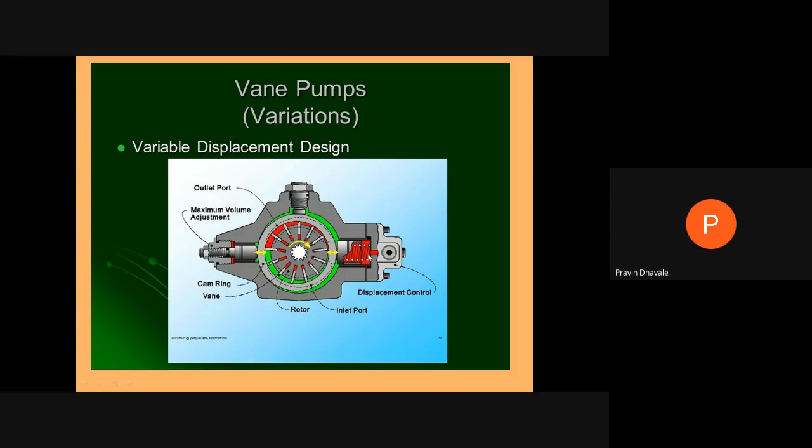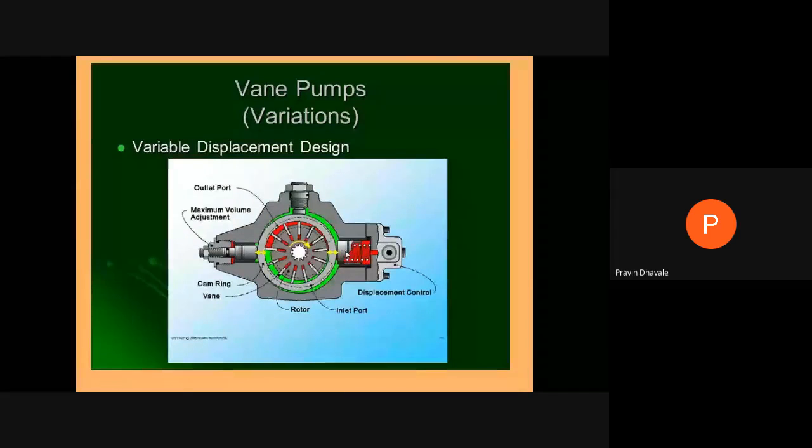There are two screws provided on the right hand side and the left hand side of the pump. One screw is a displacement control screw. It will control the displacement of the piston, so the discharge will be controlled, and this will be the maximum volume adjustment.